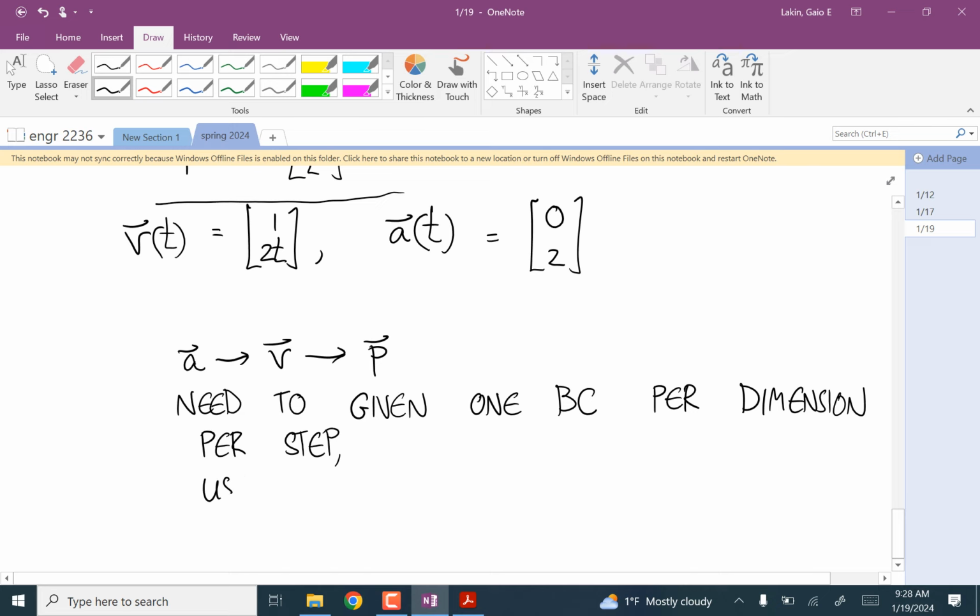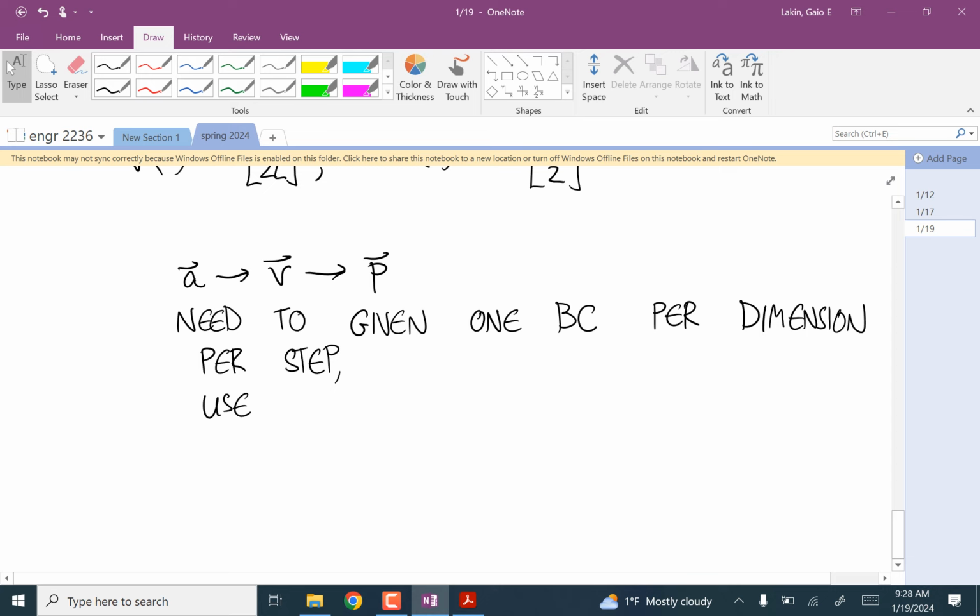And then you have to use those boundary conditions to find the constants of integration.